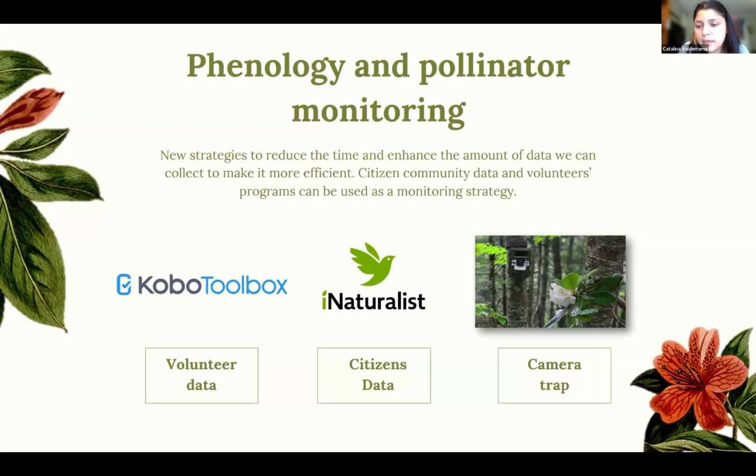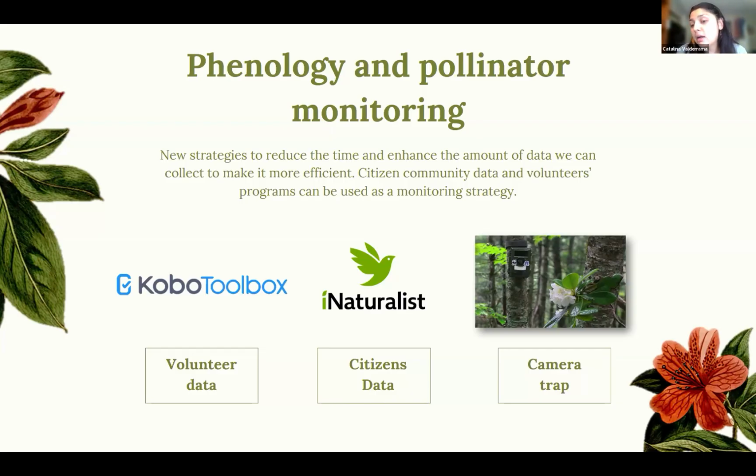This picture is from a project in Russia where they were monitoring a tiger, but the tiger was closely related to one rhododendron species. When they were trying to catch the tiger, they had tons of video recordings, and they saw that they had detailed information about the rhododendron phenology.